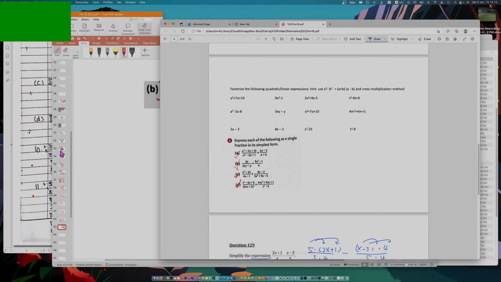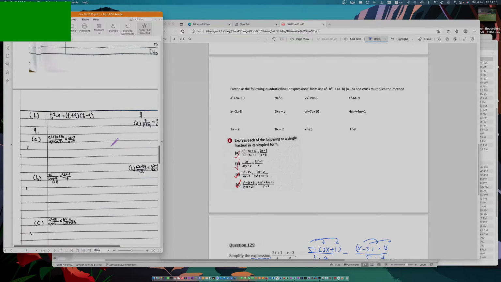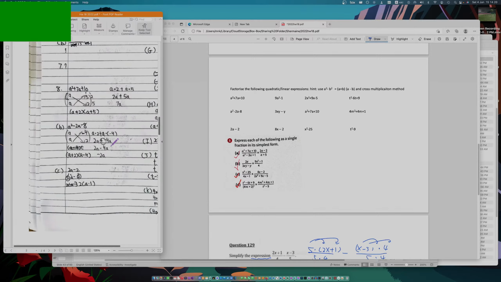So now, let's look at your work. Where you start? Here, right? So let me see if this is correct. Okay, so this one becomes a plus 2. A plus 5. Then this one below is correct.